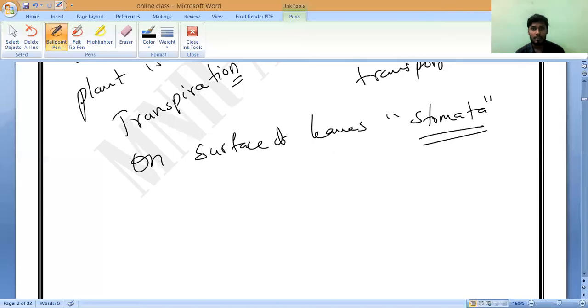A lot of water is going away through the air by transpiration, but how is it going upwards in the xylem vessels from bottom to top?